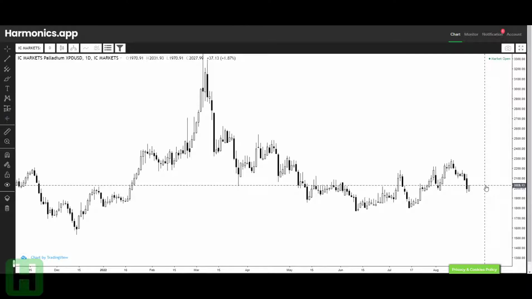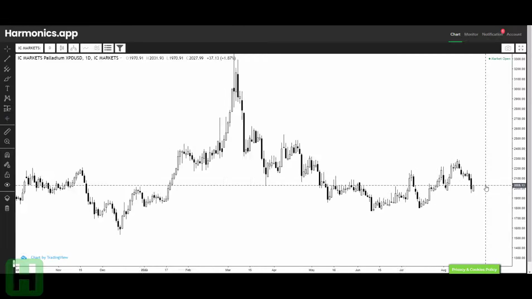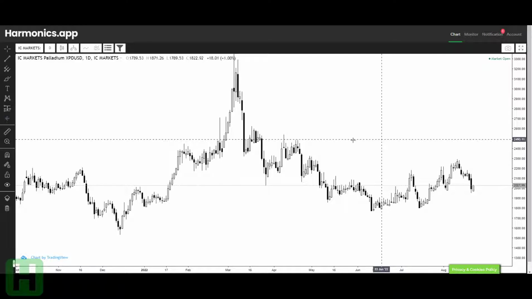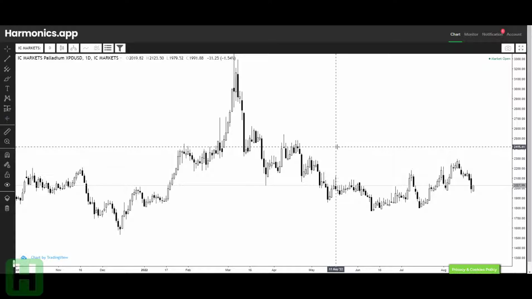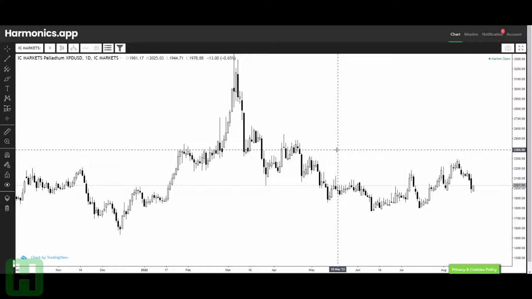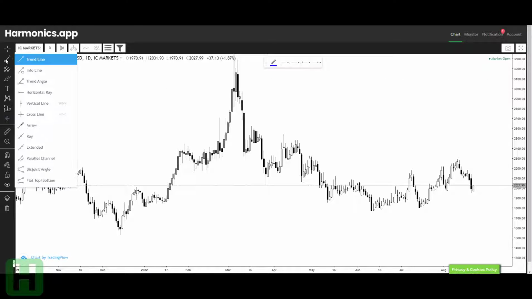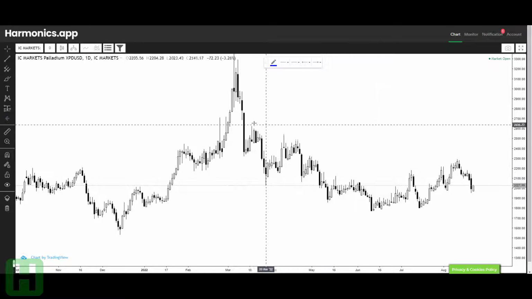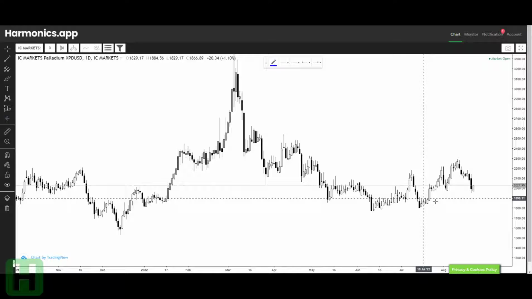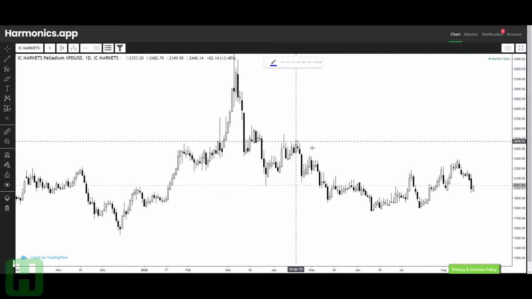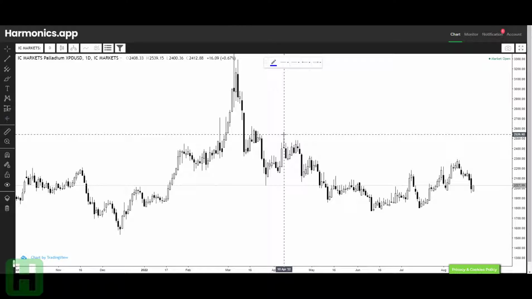Okay, let's start. The first step I'm doing is to make the support and resistance levels and the trend lines. First, I will make the trend line just to see where the trend is moving. Currently, I have here a downtrend. You can see it. And I will put here one downtrend.